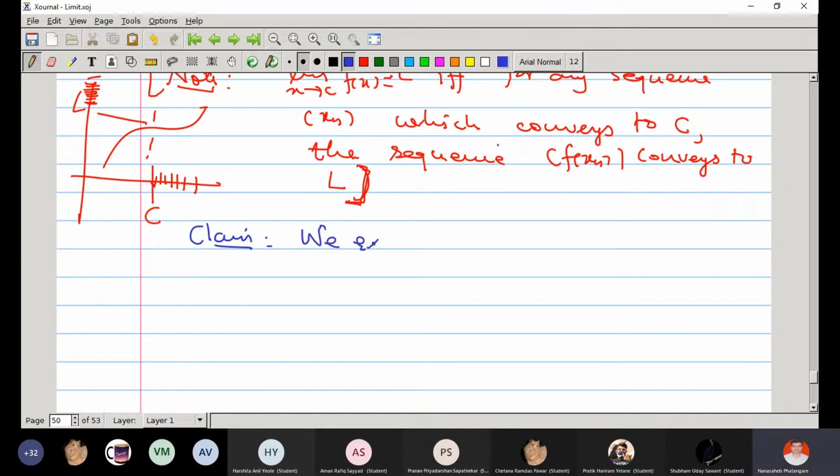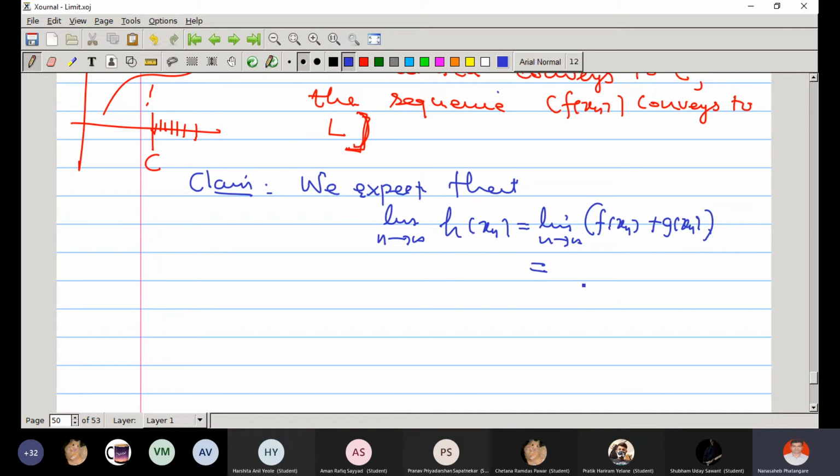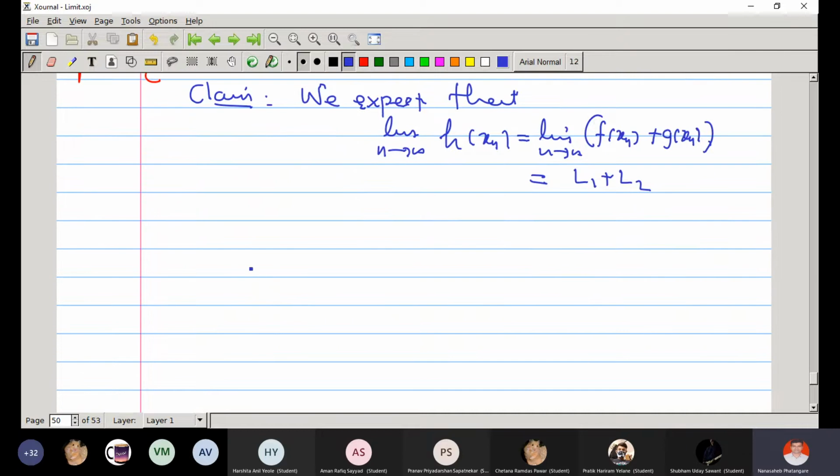We expect that the limit of h(x_n) is equal to L1 plus L2. This is our claim. Let us try to do this.